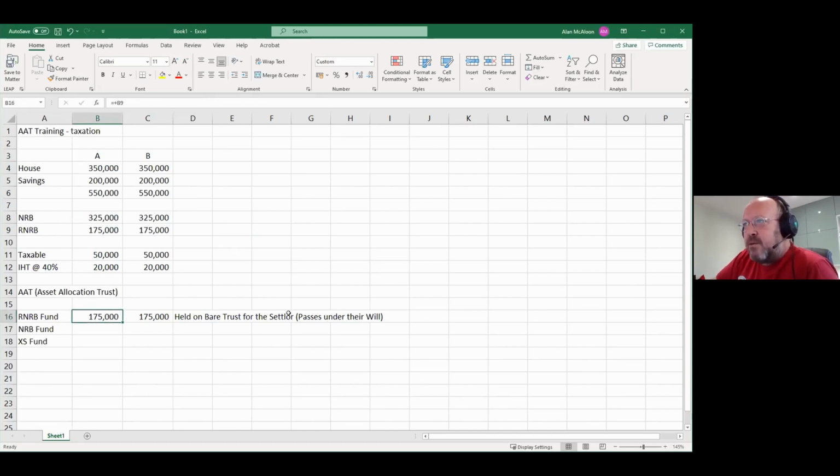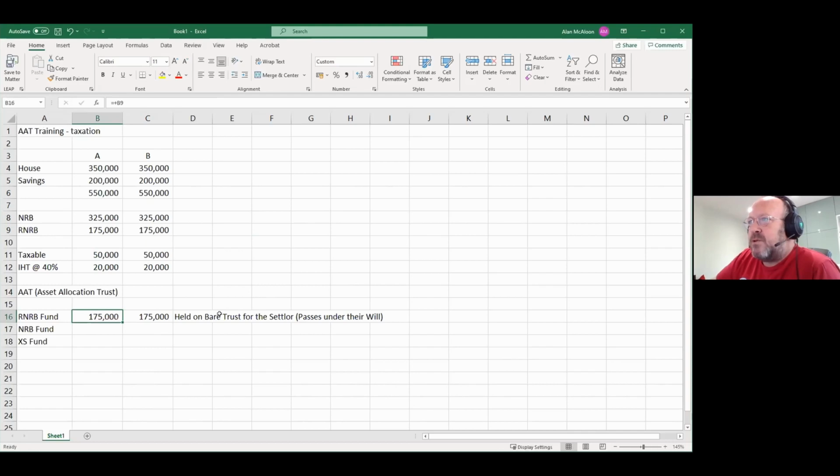It passes under their will. So what would be critical here is to make sure that when you draft the will, this is being treated correctly. If you did a basic will where he left everything to his wife and she left everything to her husband, when he dies, this amount of the house would then be held for the wife absolutely, which gets rid of any of the trust protection that you're advising on.